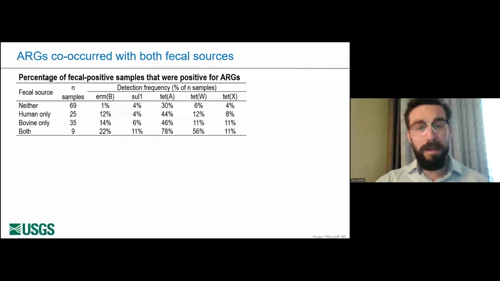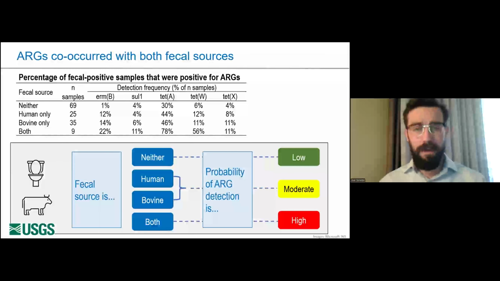So if we step back and look at these results together, I think there's an interesting trend that emerges. When neither fecal source was detected in the private well water, the probability of detecting an antibiotic resistance gene was relatively low. When just human or just bovine fecal sources were contaminating the private wells, the probability of detecting the antibiotic resistance genes was moderate, relatively speaking.